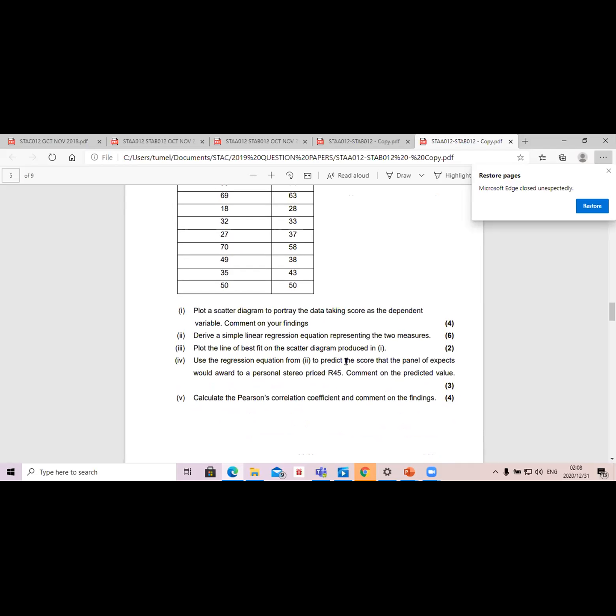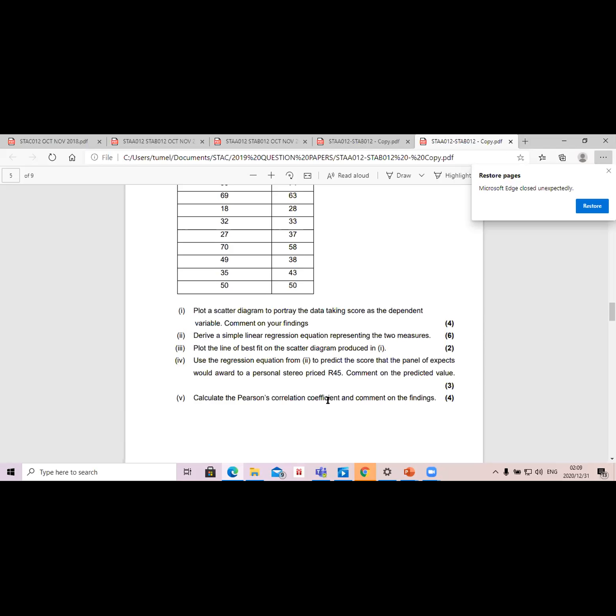Use the regression equation to predict the score that the panel of experts would award to a personal stereo priced 45 rands, meaning that the price is the independent variable. So they gave you the value of X, you are going to substitute it in your equation, which you got on question 2, Roman figure 2.